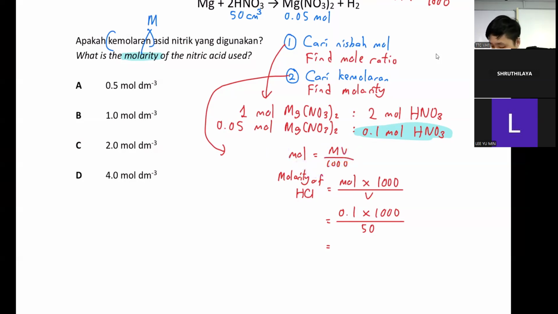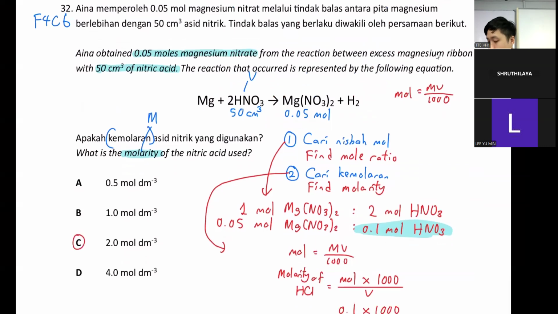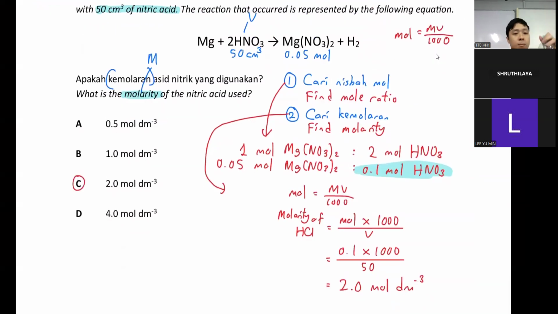So you will get, let me use the calculator, 0.1 times 1000 divided by 50, 2.0 mole per cube. So that's C, right? Am I right? 32 is C. Correct.